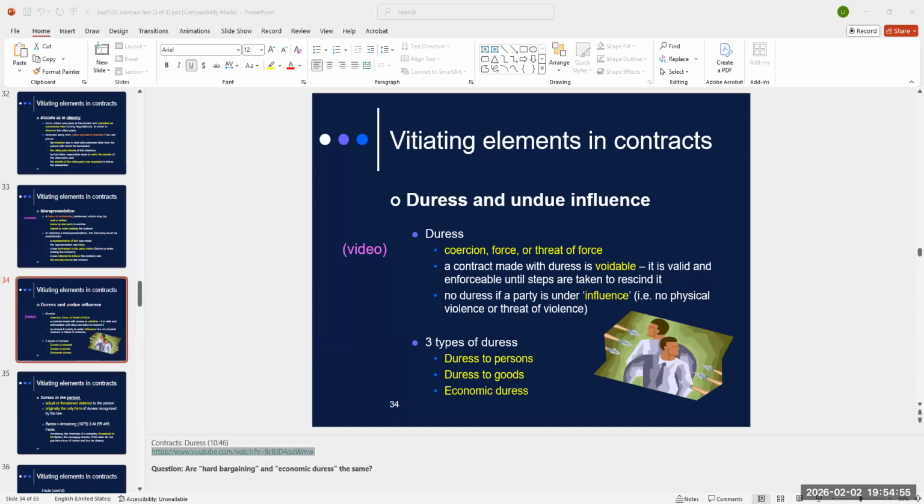Only in extreme circumstances. To invoke duress, a party would have to show that the other had induced her into entering the contract by using actual force or an unlawful threat of death or bodily harm. In other words, under older law, one would have to argue that a proverbial gun was held to her head, and as a result, the victim had no choice but to sign the contract.